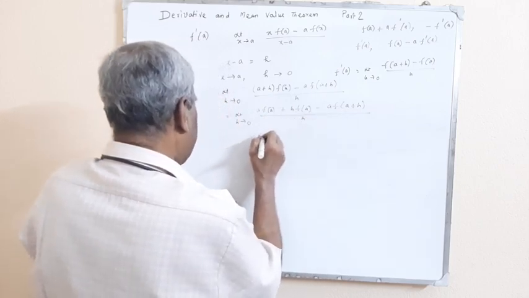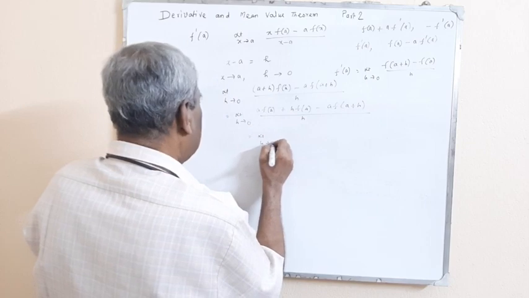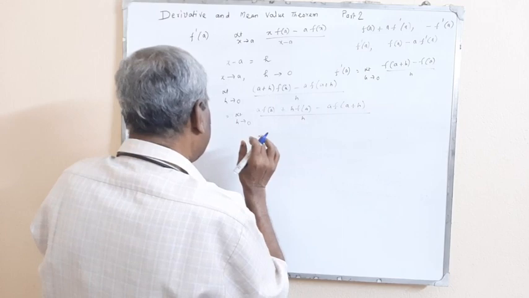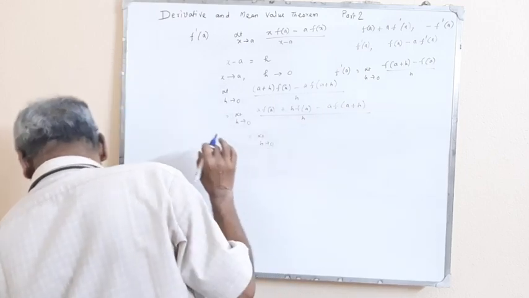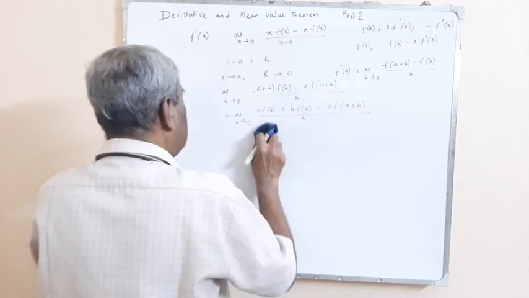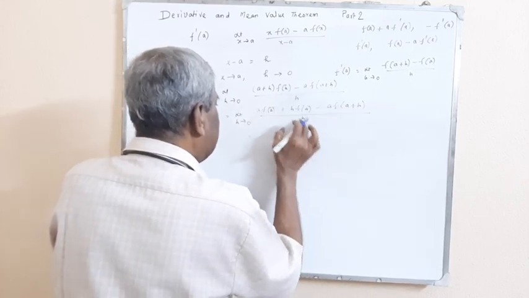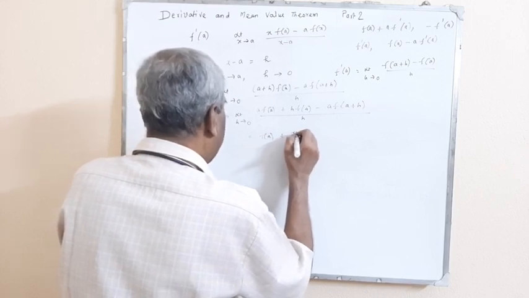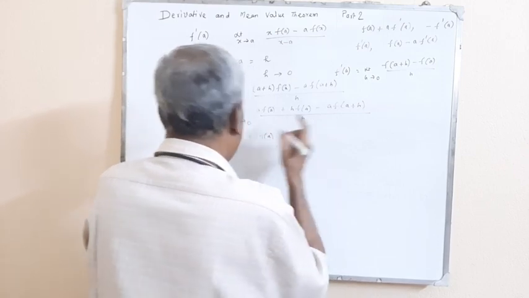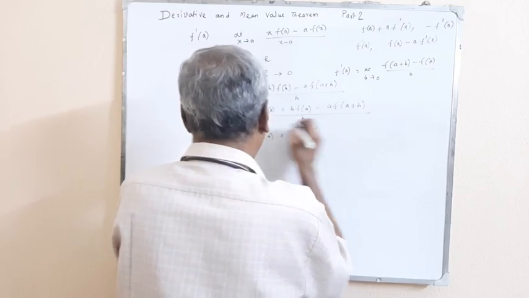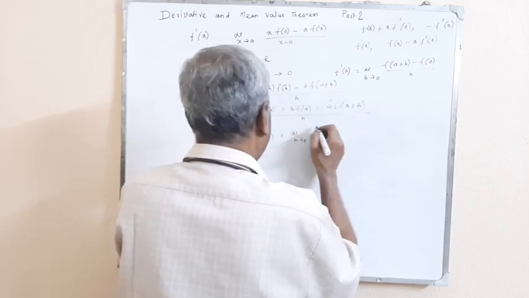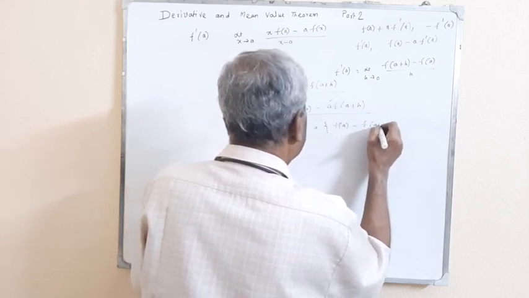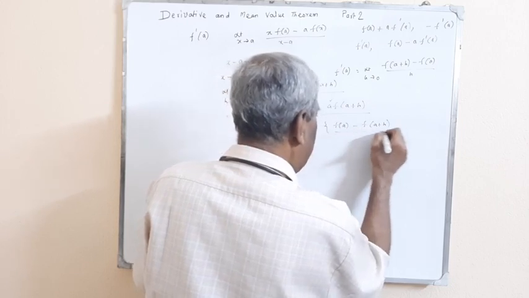This is equal to limit h tends to 0. First we take this by that, h will be cancelled, so f(a) plus limit h tends to 0, taking a common from this and that, a (f(a) minus f(a plus h)) divided by h.